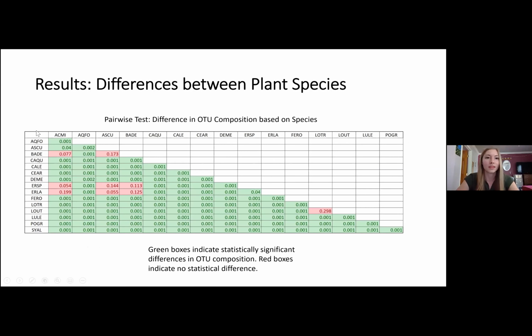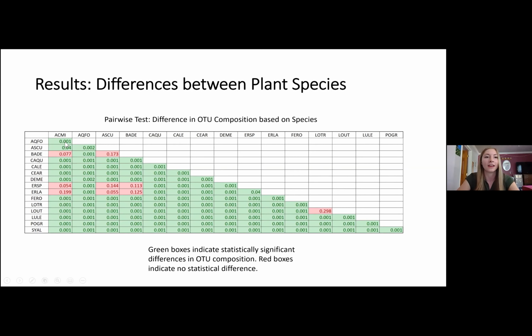So I performed a follow-up pairwise test after my PERMANOVA test, because the PERMANOVA doesn't tell you between which species there are differences. The pairwise test pits plant species against each other to examine if there are differences in their bacterial OTU compositions. So let's take Acme and Akvo for an example.